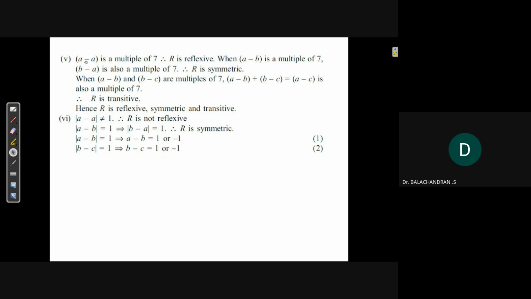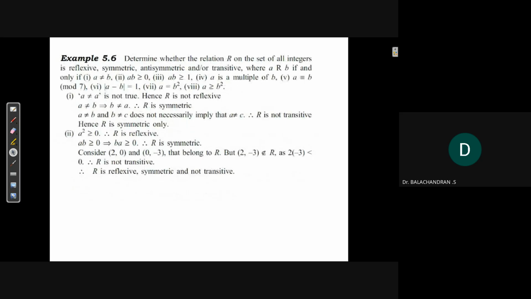So a minus a equals 0, and 0 is a multiple of 7. So I think this problem we already discussed. Instead of 7, I even put general m, and I proved it.